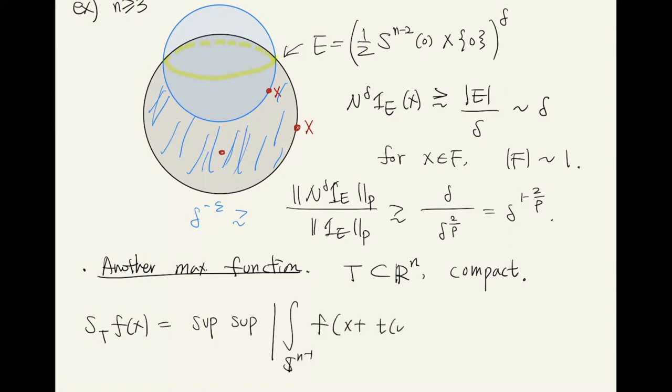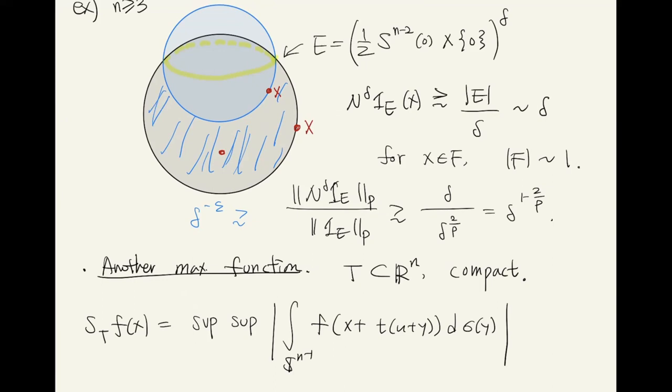So we consider a similar maximal function, but without the delta annulus; we just take the average over a sphere rather than delta annuli.